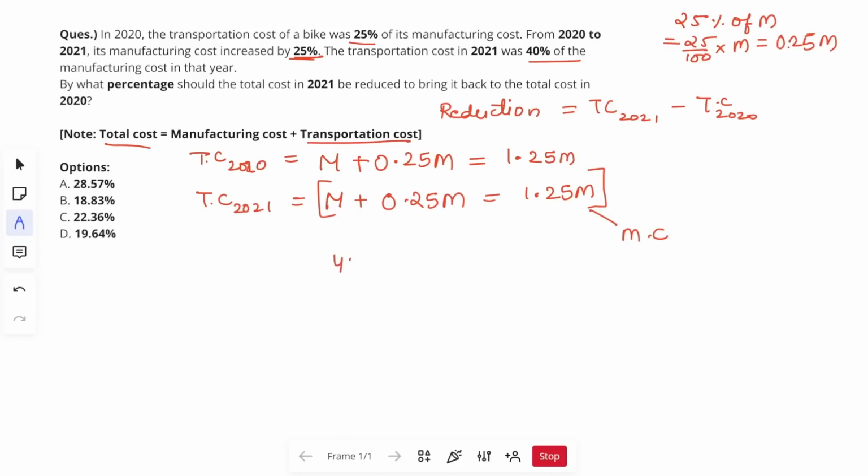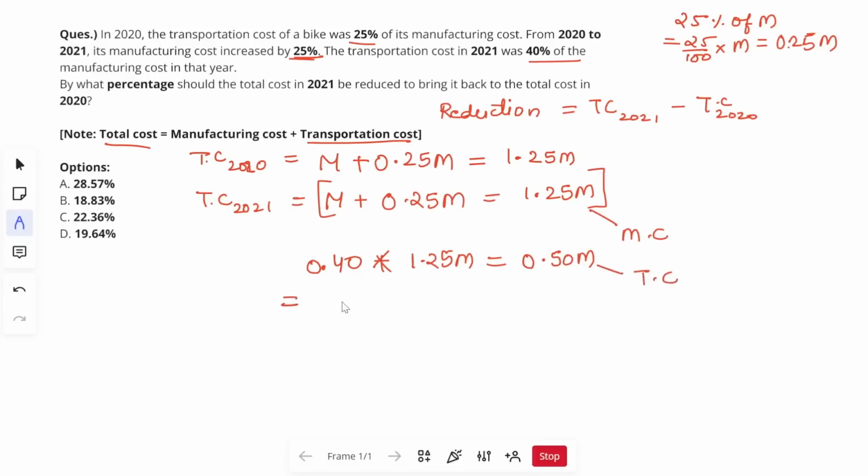So 40% can be written as 0.40 times the new manufacturing cost, which is 1.25 M. So 40% of 1.25 M is going to give us 0.50 M. Now this is the transportation cost.